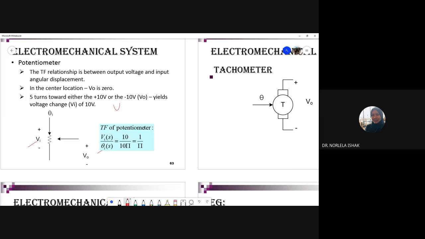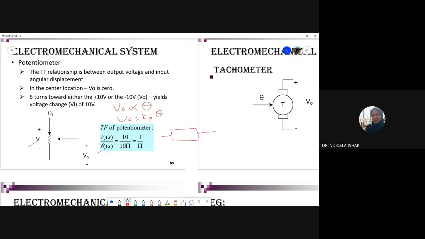Let's say it is proportional to the angular displacement, so it is equal to a constant coefficient for the potentiometer times theta.